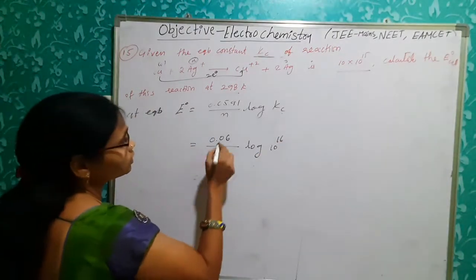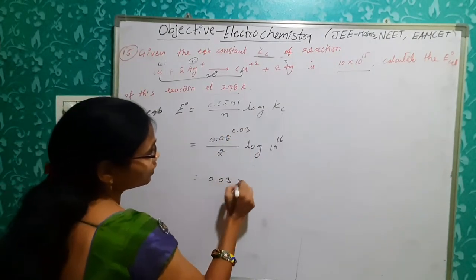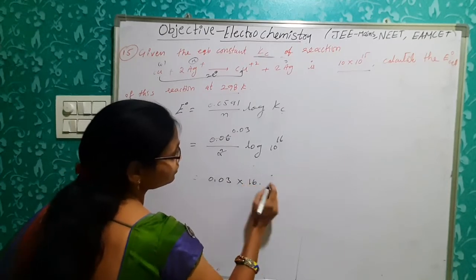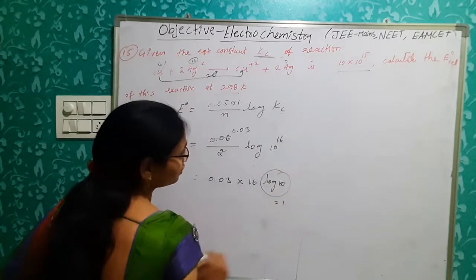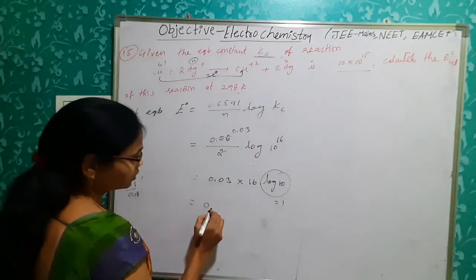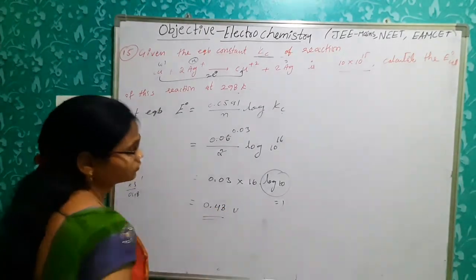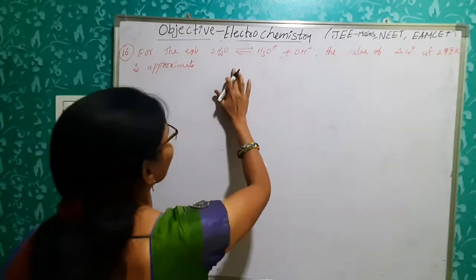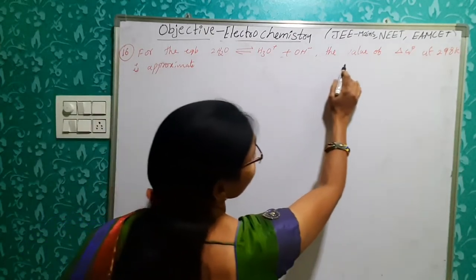So 0.06 by 2 is 0.03, then 0.03 into 16 into log 10. Log 10 is always 1, no? So then how much? 0.48 volts.